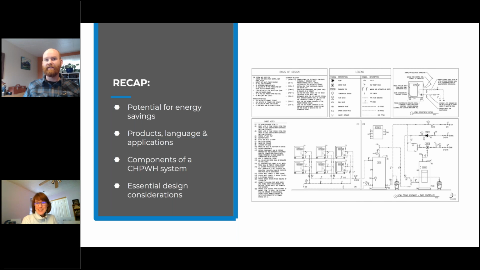Great question. Yeah, a lot of these products have been used in European nations for many years now. We are actually behind the game here in the United States of America. Believe it or not, we're not leading the charge on the commercial heat pump water heater front.